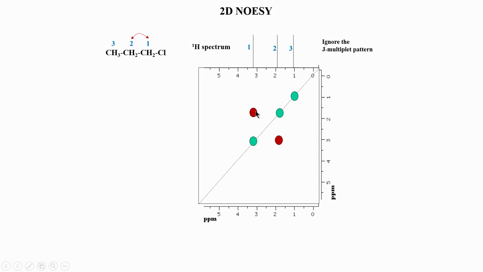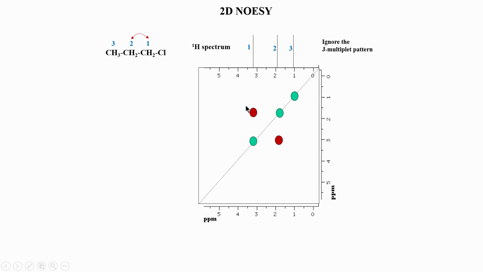This carries actual information on the distance, because only when they are close, less than 5 to 6 angstrom, will you get a cross peak. Not only that, the intensity, or the area, of this peak is also related to the distance between these 2 spins by the formula which I showed in the previous class, that is, I is proportional to 1 by r raised to 6.